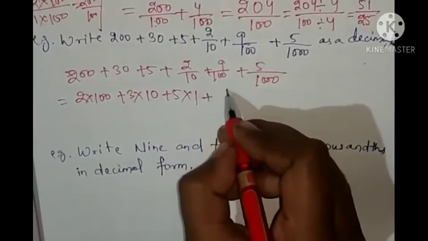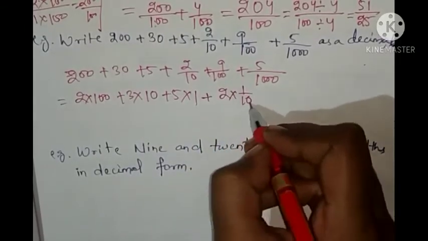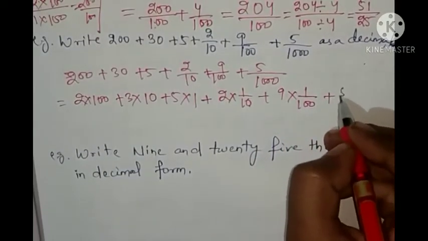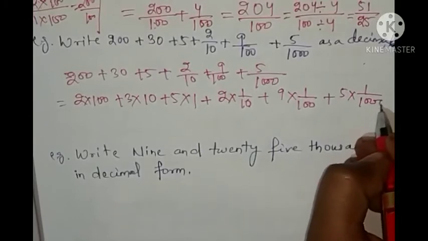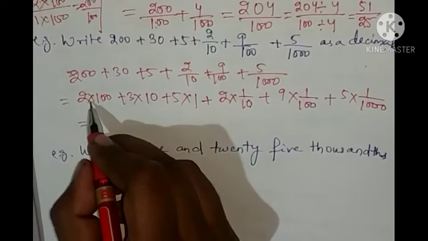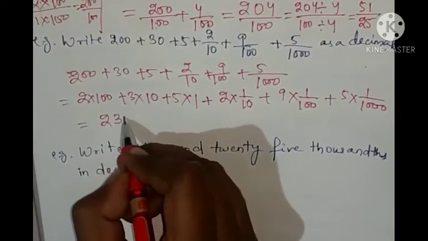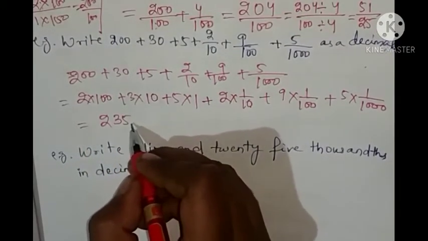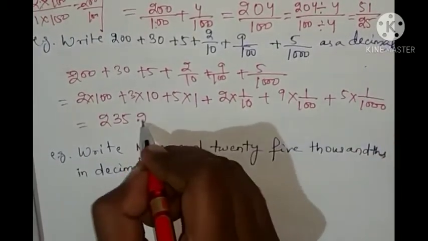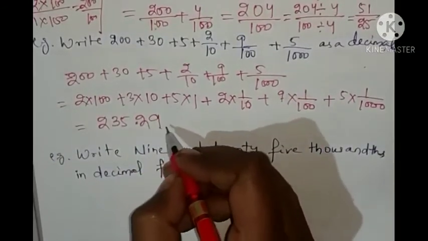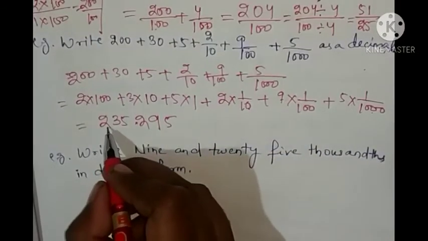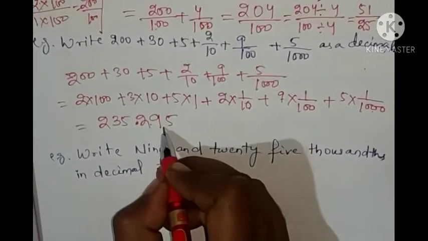Then plus 2 into 1 by 10 means 10th place. 9 into 1 by 100 means 100th place. Plus 5 into 1 by 1000 means 1000th place. Now you can write in decimal: 235 point, in 10th place 2, 100th place 9 and 1000th place 5, means 235.295.